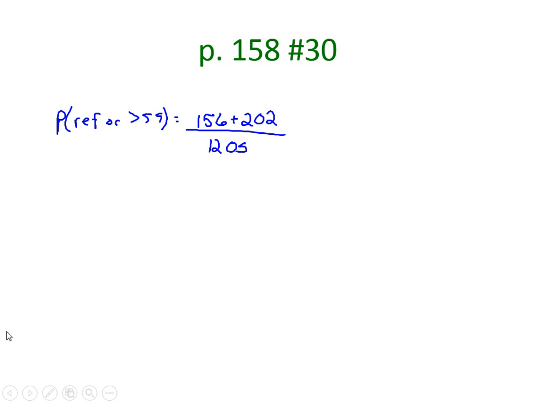You still get the same answer of 358 out of the 1205, which gives the same decimal of 0.297. And remember, as you're rounding probabilities, round to 3 decimal places, which when you move that into a percent becomes 29.7%, having that one extra decimal giving you that extra information. Questions on that one?